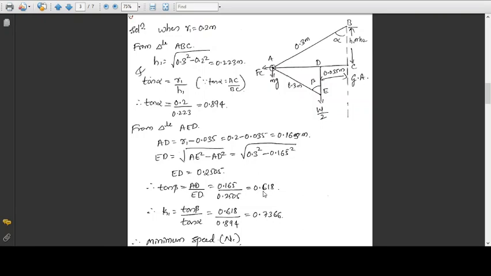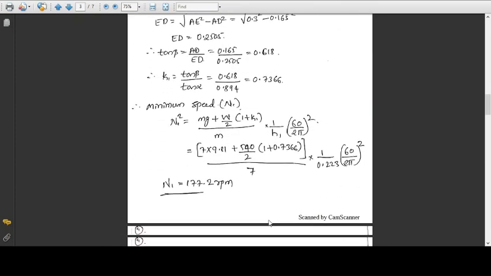Once you get the values of tan alpha and tan beta, you can easily calculate the value of K, because K is equal to tan beta by tan alpha. Here you are considering only R1, so we can write K as K1. So K1 equals tan beta by tan alpha, which after substitution gives K1 as 0.7366.